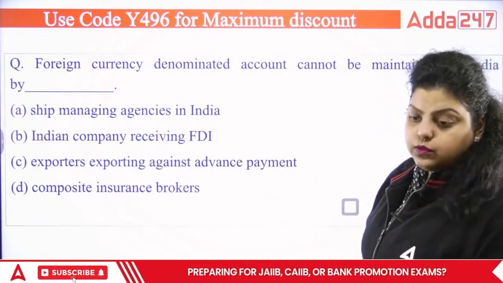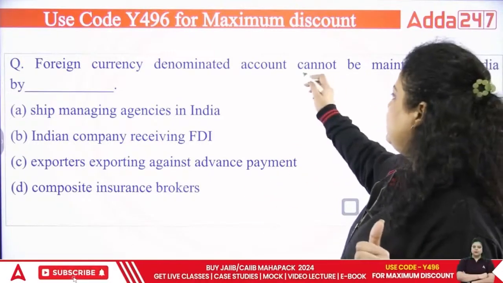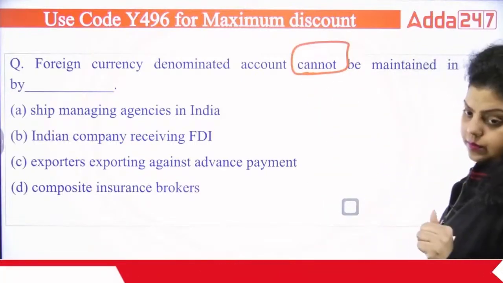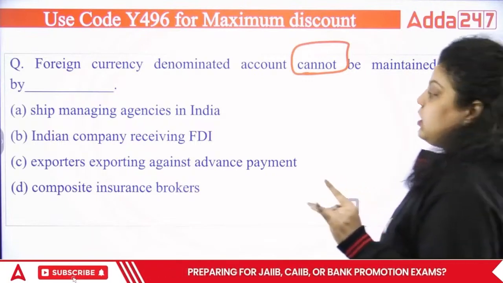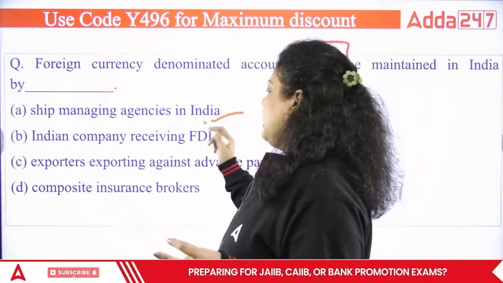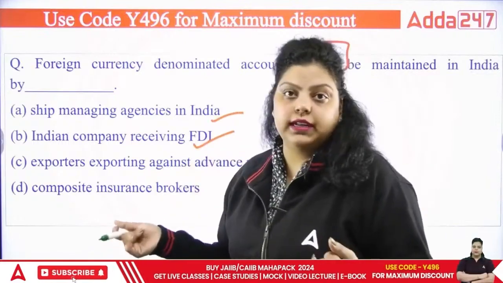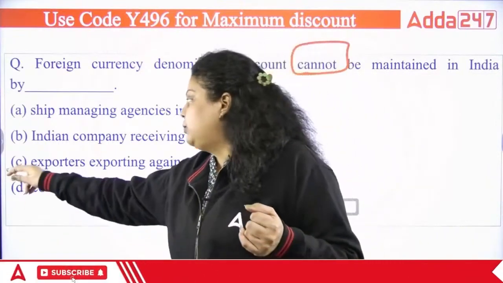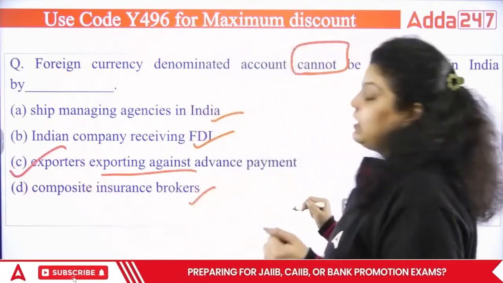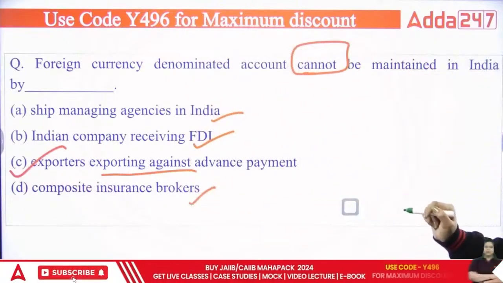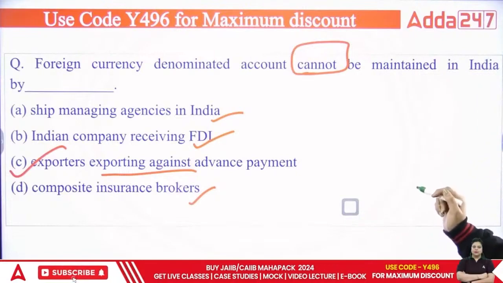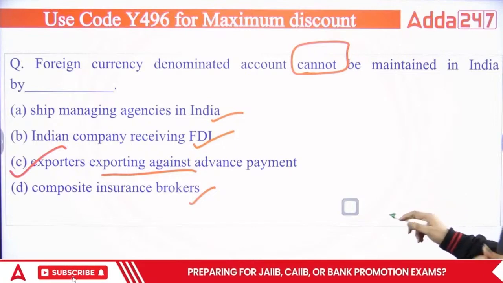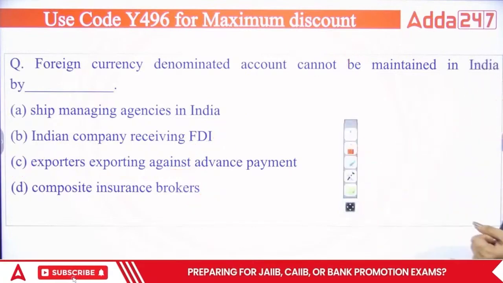Ship managing agencies can have one, Indian companies receiving foreign direct investment can have one, composite insurance brokers can have one, but exporters exporting against advance payment cannot. So the right answer is C.